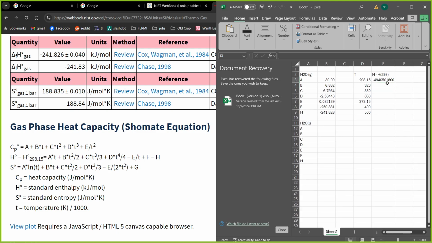And I screwed it up. Let's see what we did wrong here. I got it right the first time.